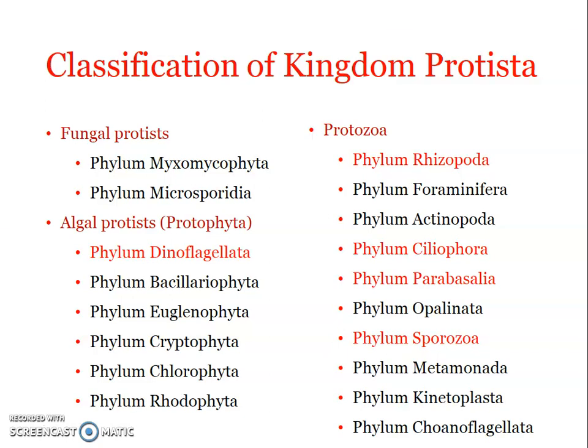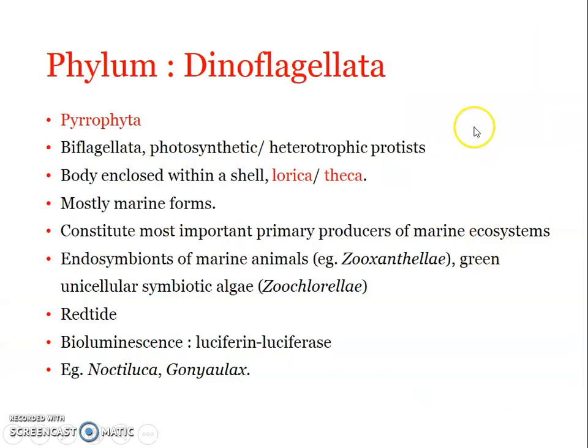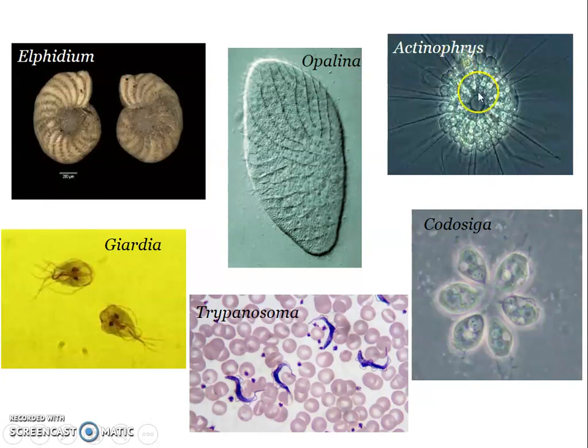All the members of phylum Actinopoda have a spherical body, as you can see in this figure. They have very long, stiff, needle-like pseudopodia, which are referred to as axopodia.